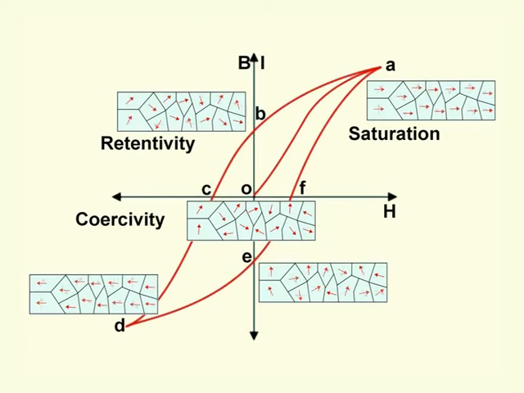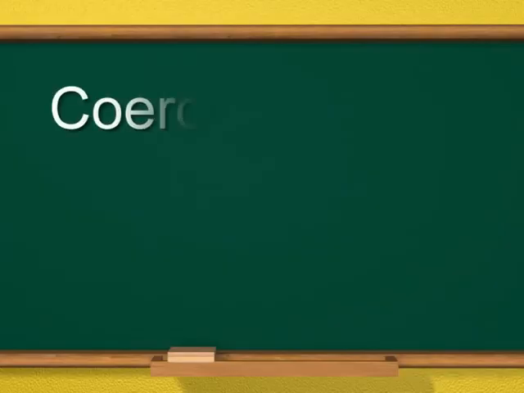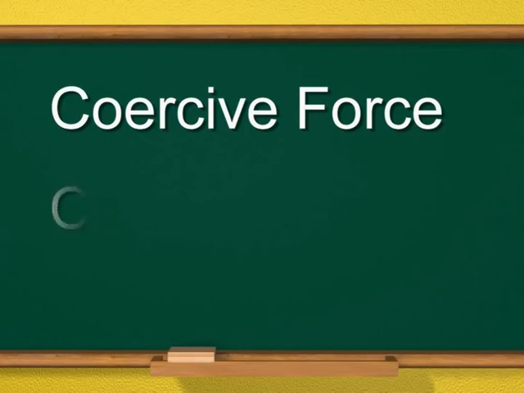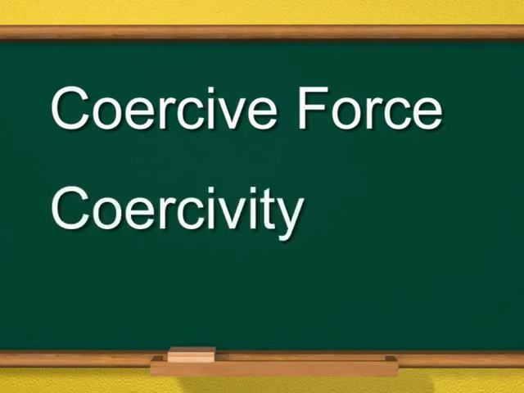However, at point C, B becomes 0, but H has some negative value equal to OC. This value of H needed to eliminate residual magnetism is called coercive force or coercivity. All domains do not remain aligned at this stage, and hence their net dipole moment becomes 0.